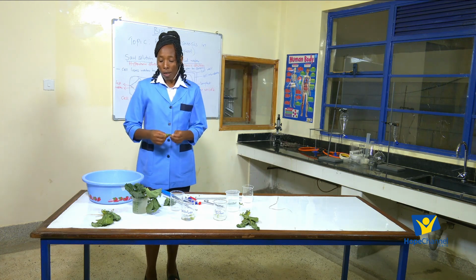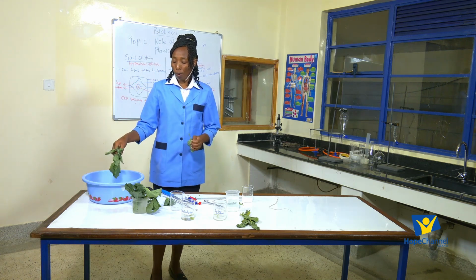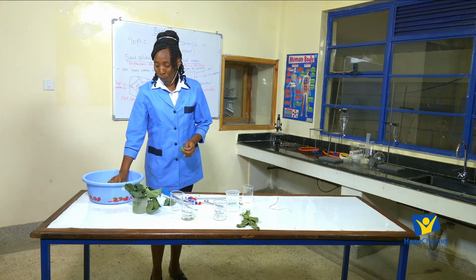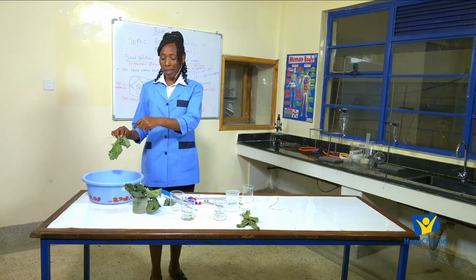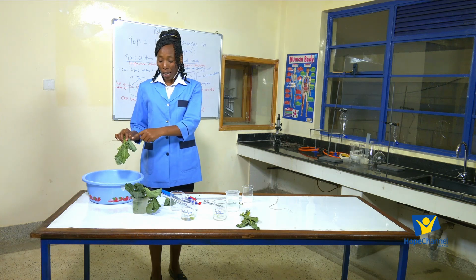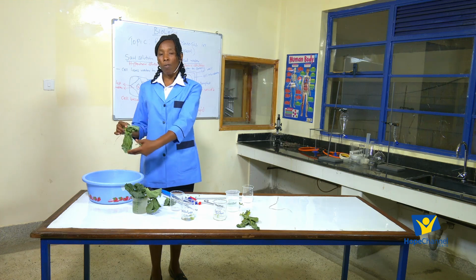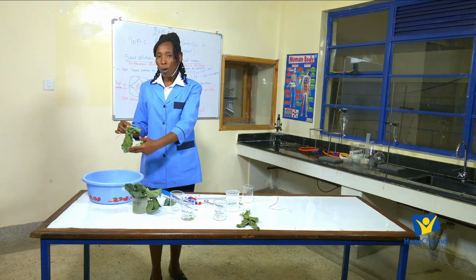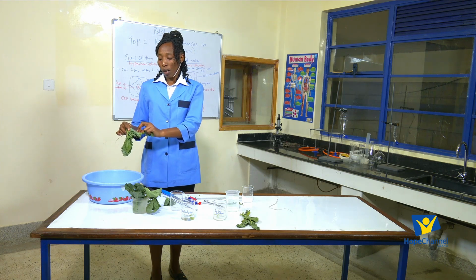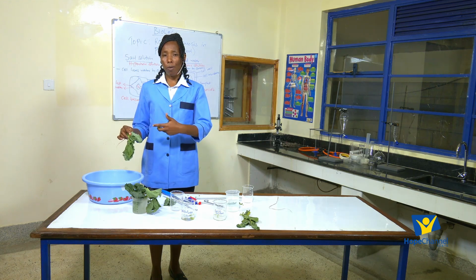Remember, the seller who places the vegetables in water, it does not mean that the water gets directly into the leaf. No. This seller just wants the surrounding of the leaves to be moist. In a way, he's trying to reduce the diffusion gradient.